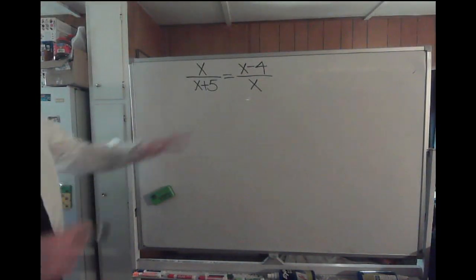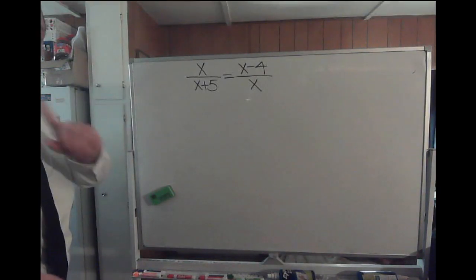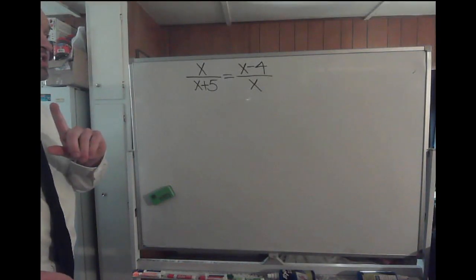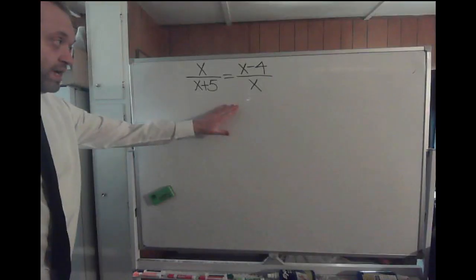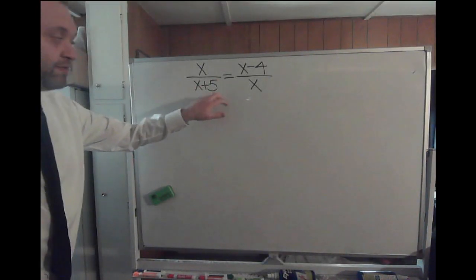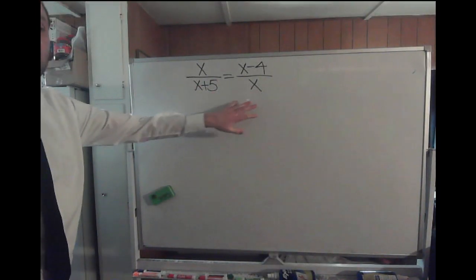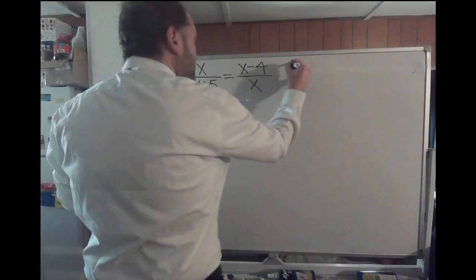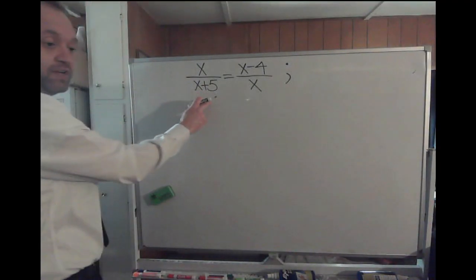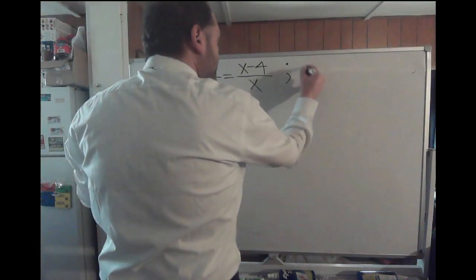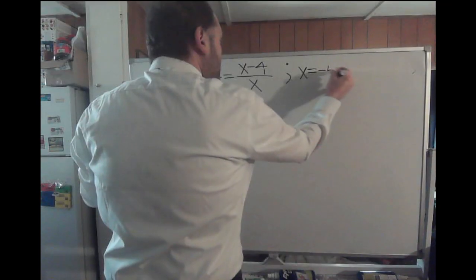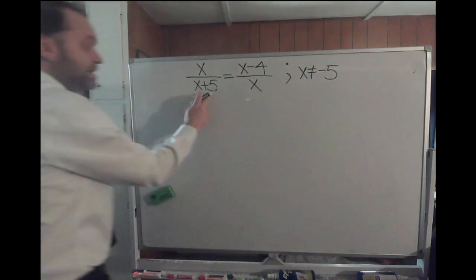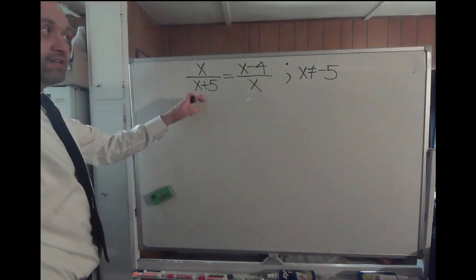So we have variables everywhere, but first, before we do anything, we need to restrict our values of x that would make either denominator 0. So if we set x plus 5 equal to 0, you would get x equals negative 5, which means we cannot allow x to be negative 5 because you would get a 0 denominator.